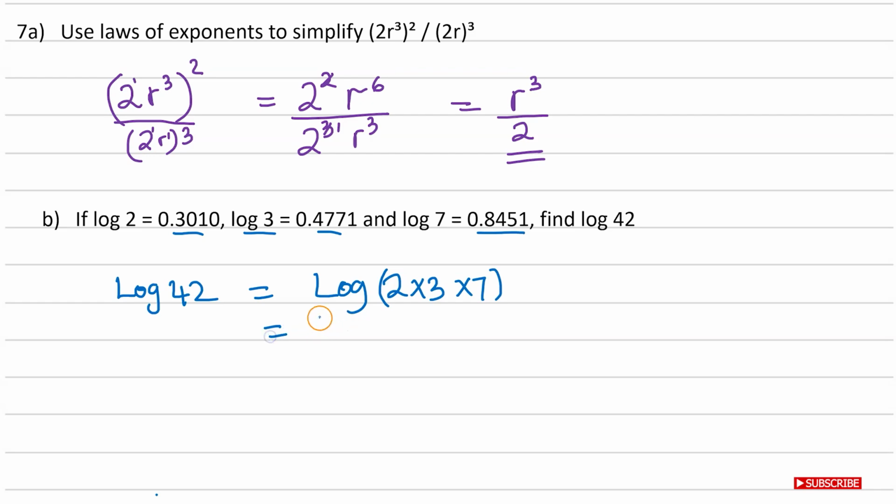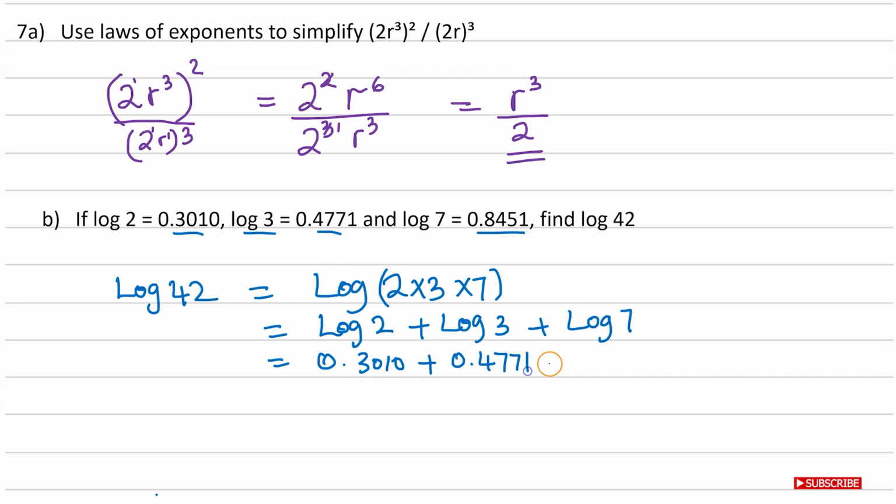So this is the same as log 2 plus log 3 plus log 7, and we are given the value for each one of these. So that's going to be equal to 0.3010 plus log 3 is 0.4771 plus log 7 is 0.8451. If you add all this up, then you will get 1.6232. That's the answer for 7B.